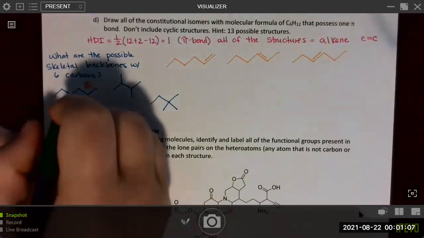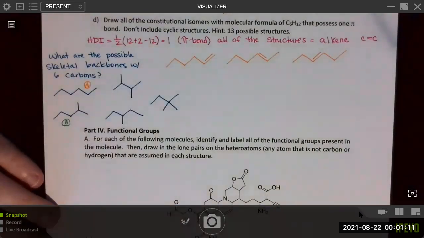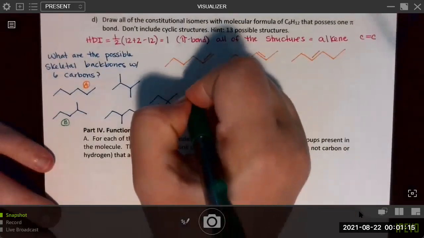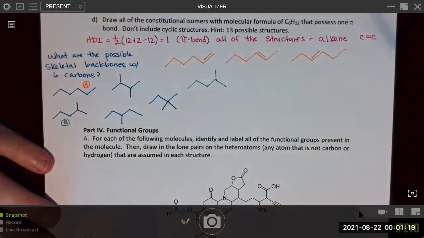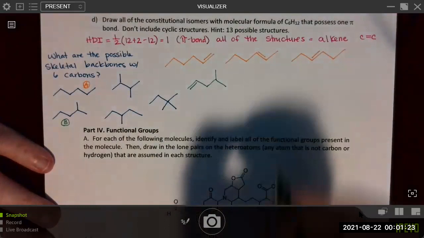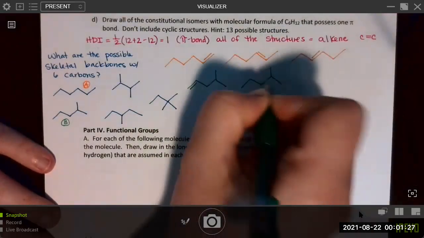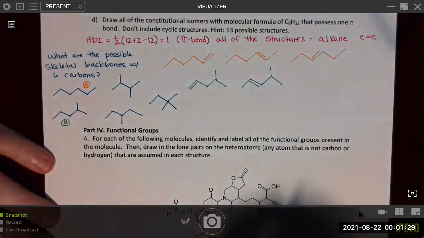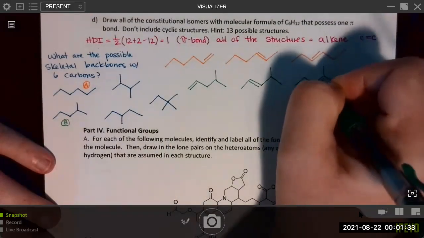Let's move on to another skeletal backbone. Right, how about this one? This one B. Let's draw that and put the double bond everywhere possibly. Right? So we just sort of work our way from one end to the other. Here we put the double bond here. And draw that skeletal backbone again. Maybe it goes here. We can keep going. Maybe it goes there.